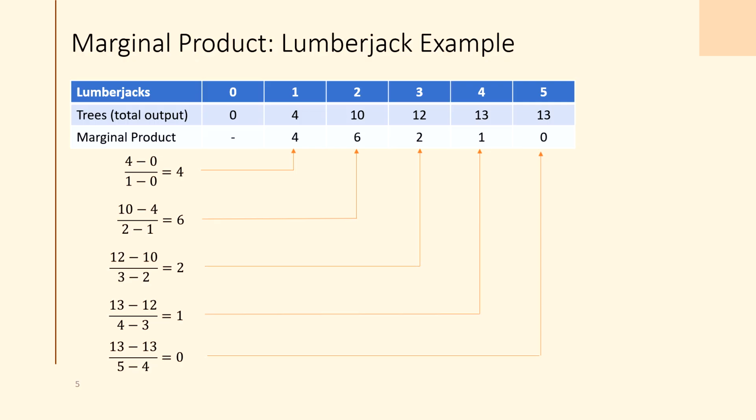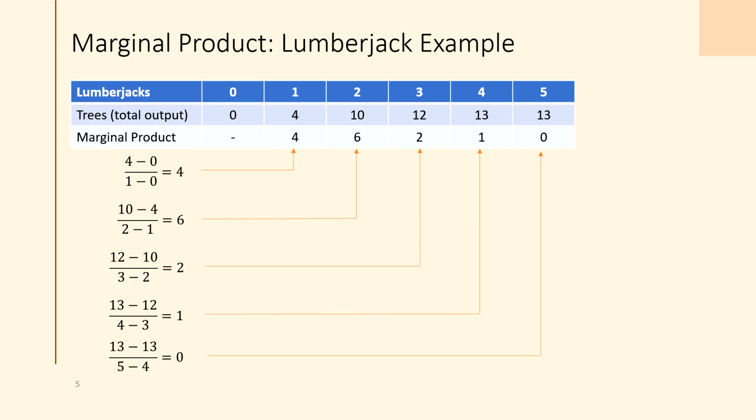Let's calculate marginal product using the lumberjack example. When you go from 0 workers to 1 worker, output increases from 0 to 4, so the marginal product is 4. When we go from 1 to 2 workers, output increases from 4 to 10, so the marginal product is 6.